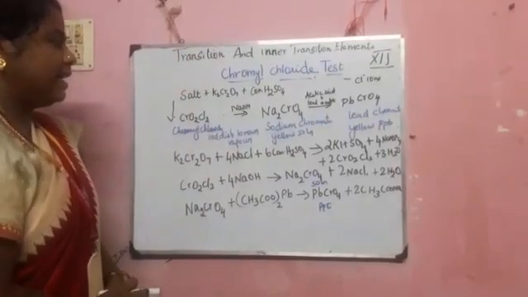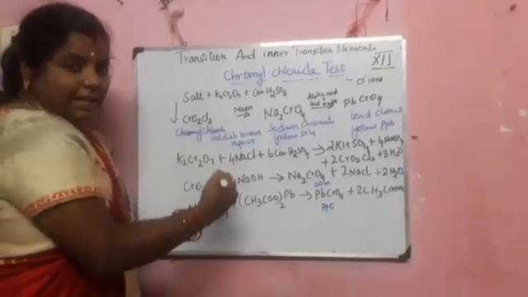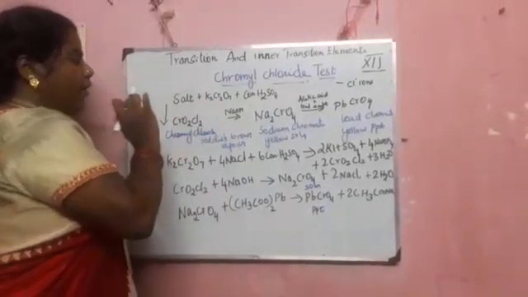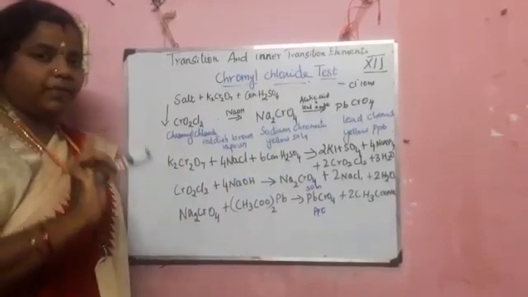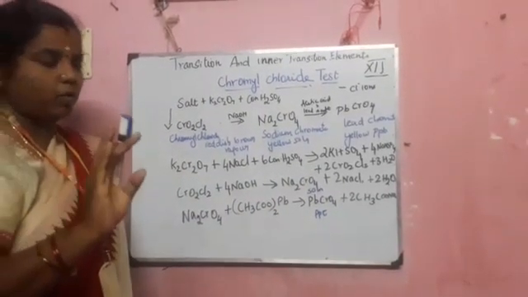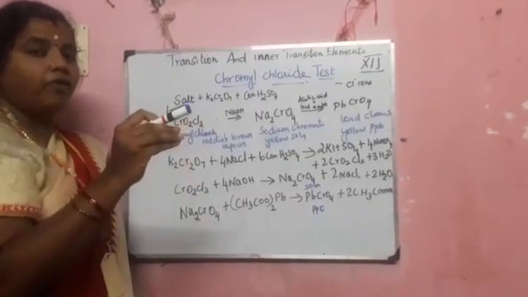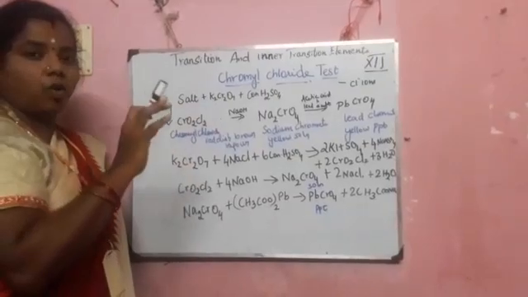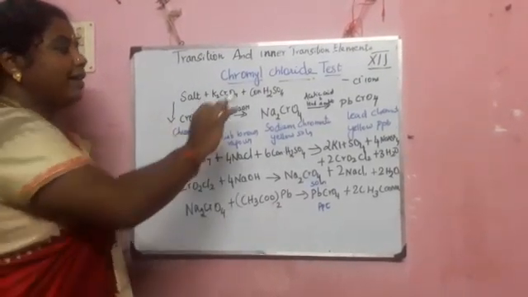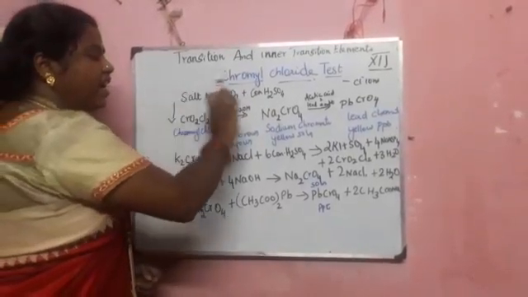Just before going to the detailed explanation of the test, let's see what we do in the laboratory. First you take a salt containing chloride ions in a test tube.